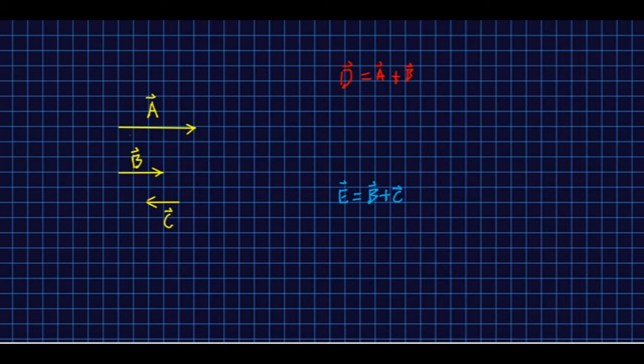An important special case is when the vectors are parallel or anti-parallel. So let's just do A plus B with these new vectors. So here's A. And now I'll redraw B head to tail with it, right? So B winds up right here.